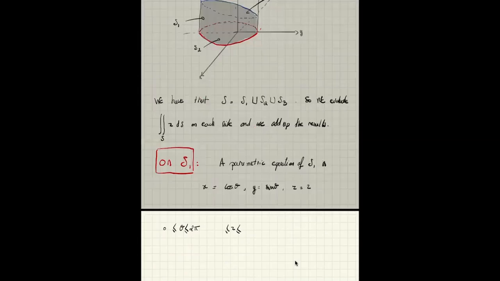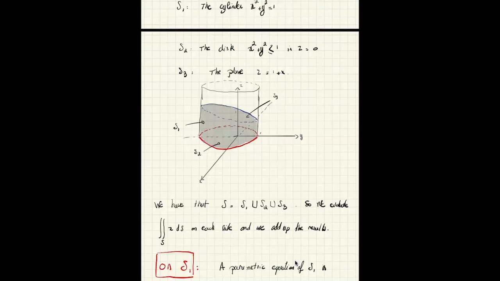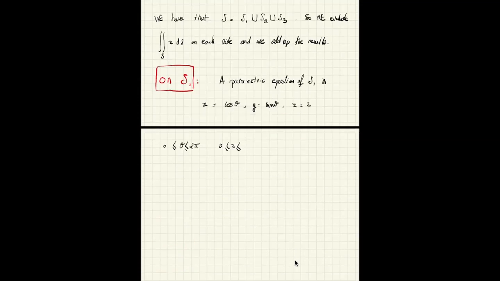So the first thing to do is, what is z? For each theta, z is between what and what? Well, it is between 0, right? For each theta, I go from 0 to what is the top surface. It is a plane. So the last one you're going to hit is z equal to 1 plus x, right?